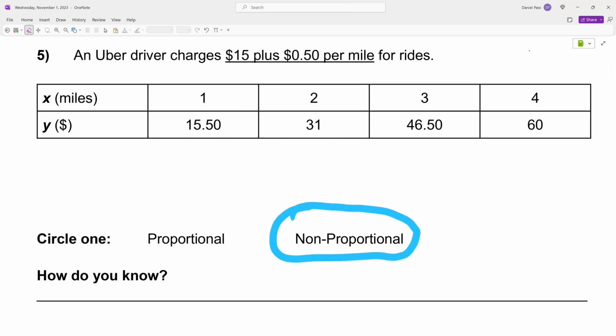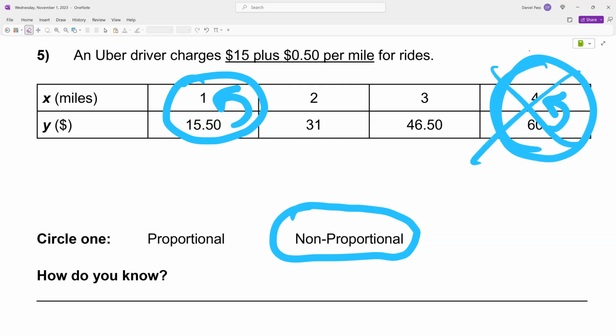How'd you figure that out? Because the last one is 15, while it should be 15.50. Sure, well, they have to match. So he sees that the first one's 15.50, and this one is not 15.50, it's 15.